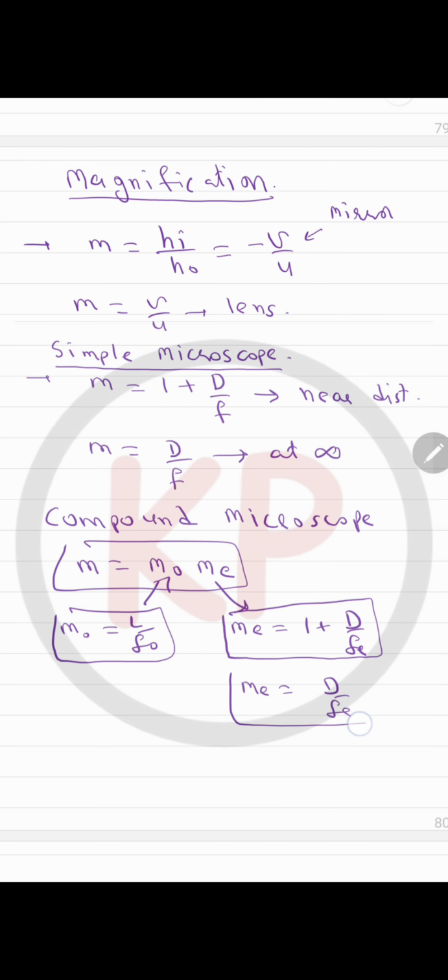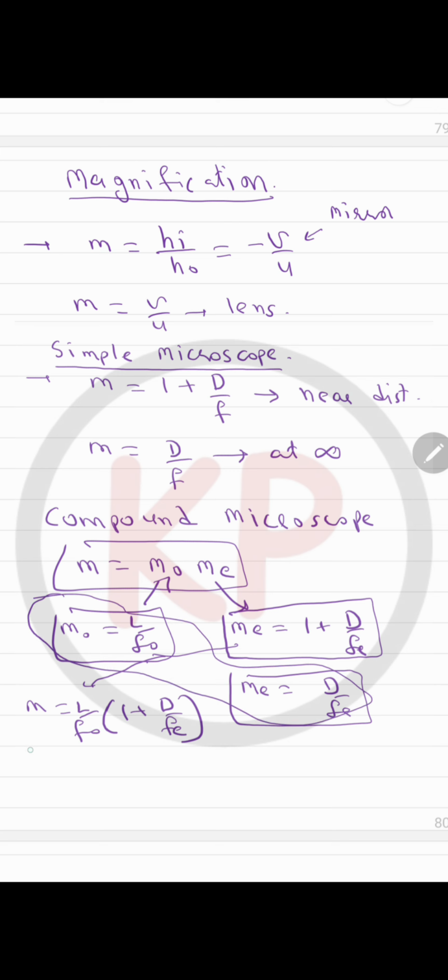If we multiply these two, we get one formula, M is equal to L by FO into (1 plus D by FE). This is the formula for magnification of microscope. Also, if we multiply the other two, we will get M is equal to LD by FOFE. This also is a formula for magnification.